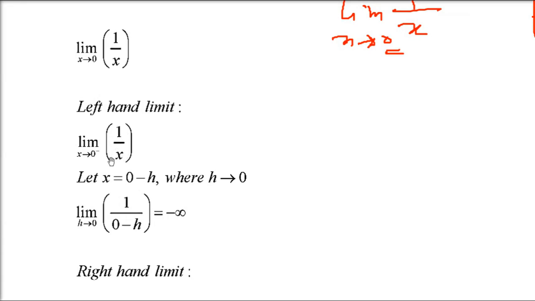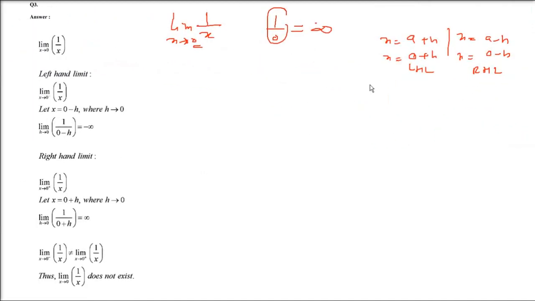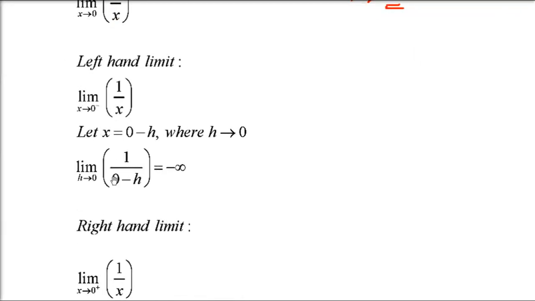So 1 by x, now put x as 0 minus h. There is a slight error, I need to change it. This is 0 minus h, a minus h, and a plus h is on the right hand side, so 0 minus h I am putting on the left hand side. Now you have to change the limit of h also.